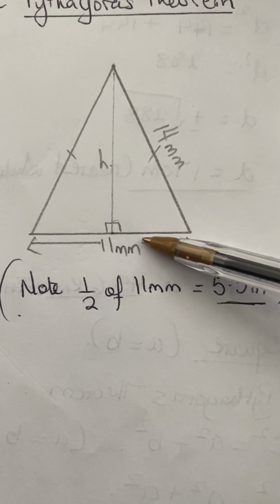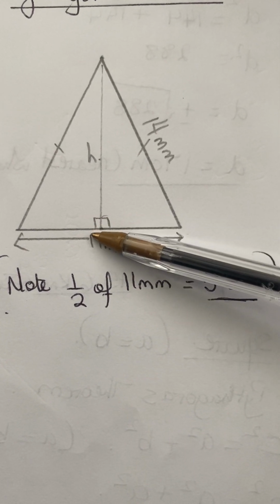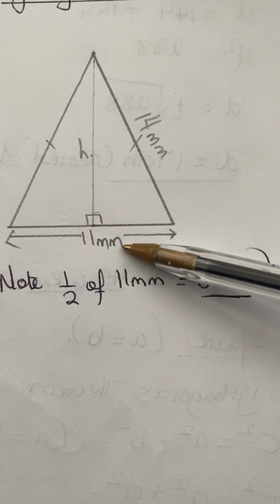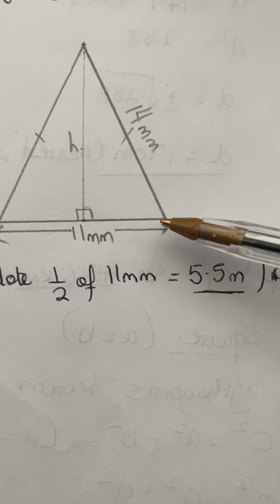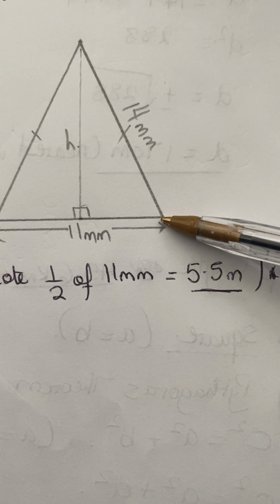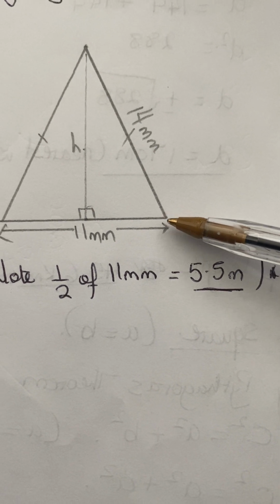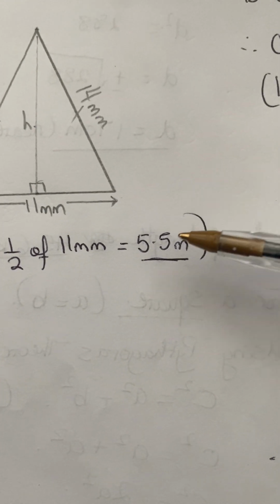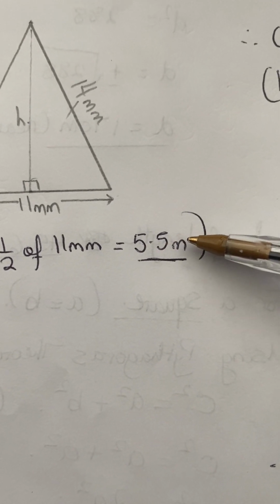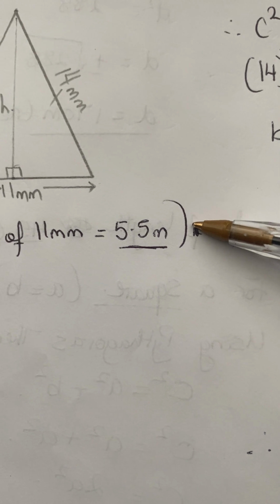So we can't use 11 millimeters. We need to use half of it, from this part to that part. That is our A. If we have 11 millimeters, it will give us 5.5 millimeters.